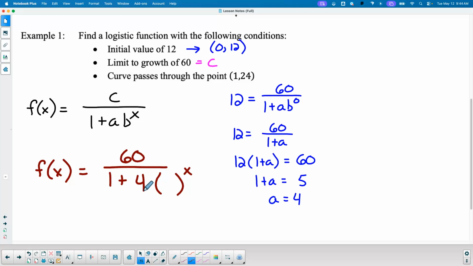So I'm going to go back to my function, and now I'm going to say that 24 is equal to 60 over 1 plus 4, because a is now 4, b to the first power.